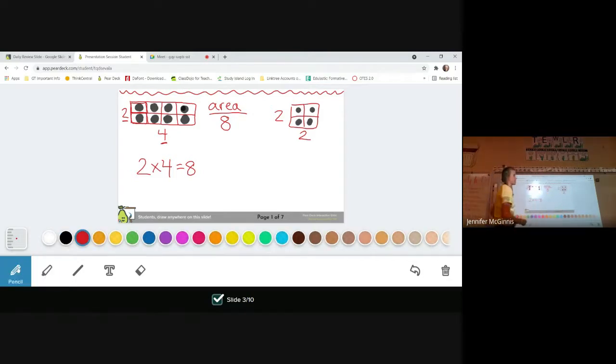So what's my number sentence going to be, Alea? 2 times 2 equals 4. This is how you find the area of a rectangle.